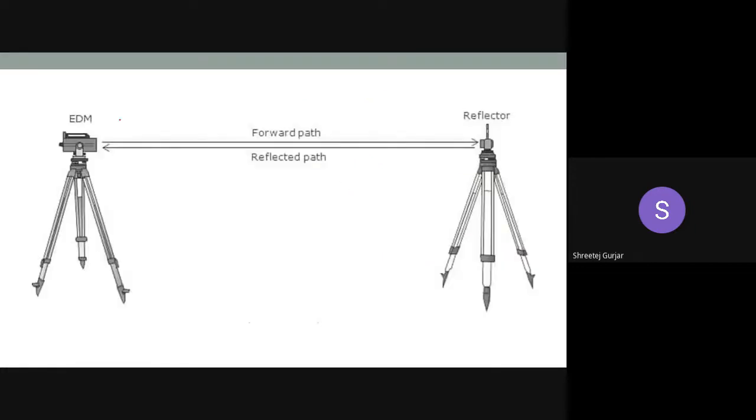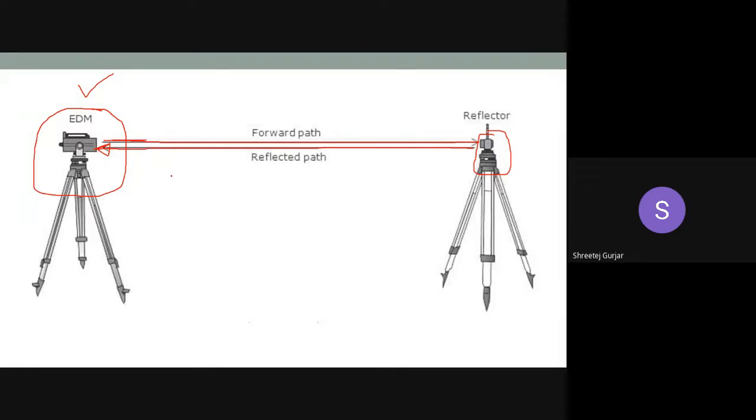Here you can see in EDM, just a basic idea I'm giving you. We have an electronic distance measuring instrument. It will send this electromagnetic wave like this, and here we have placed a reflector that will reflect back the wave, and it will again be received by the instrument, right? So this is the basic idea of how your EDM works.